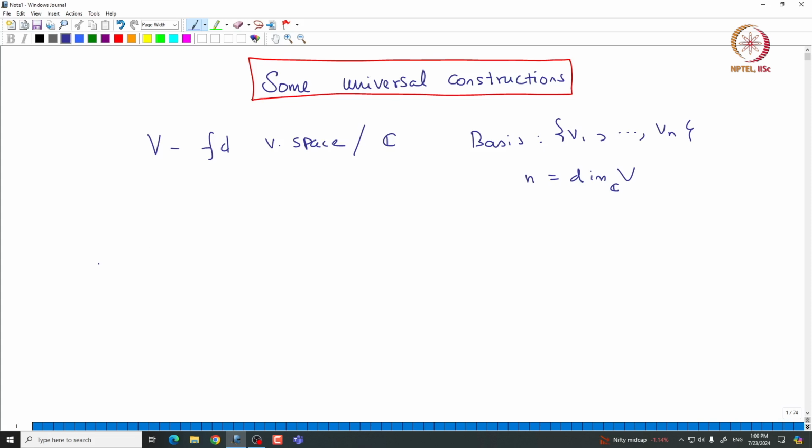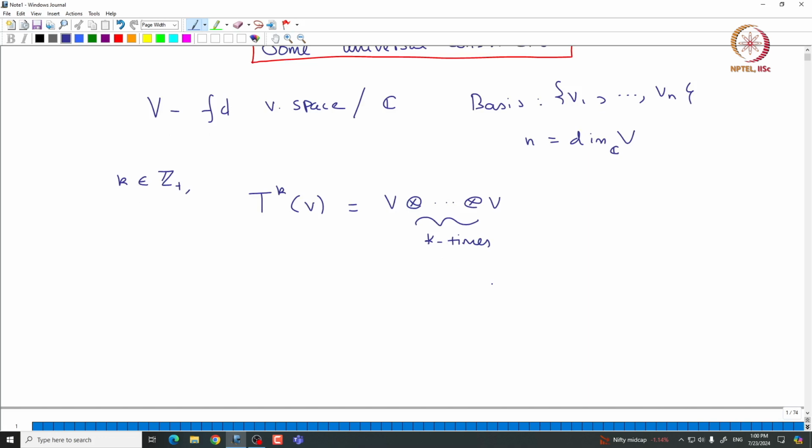Now, we have already seen the construction of tensor products. Given any k which is a non-negative integer, one can take the kth tensor product, that is V tensor V, k times. Basically this is the space of k-tensors. We have a very natural basis for this tensor product.